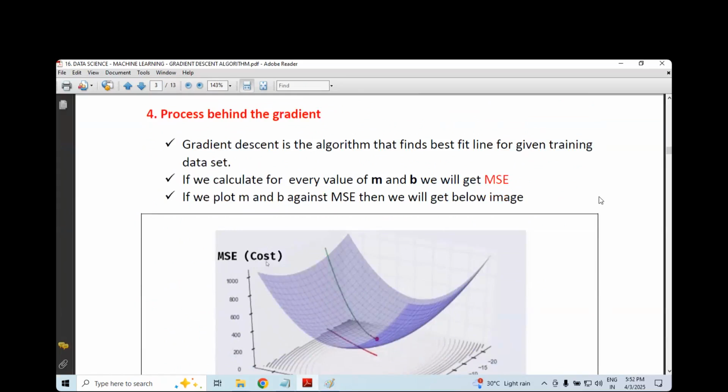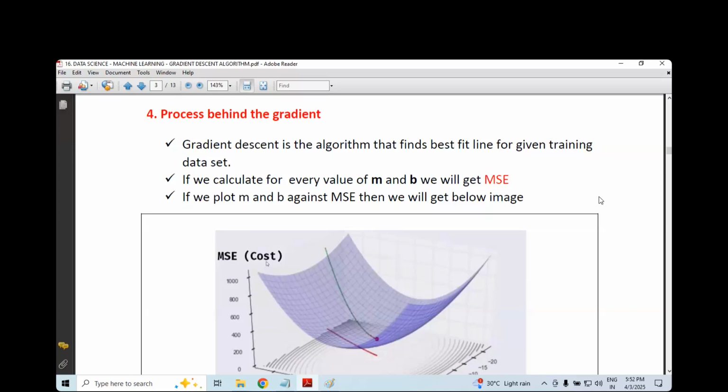First of all, error should not be increased, right? Gradient descent is the algorithm that finds the best fit line for a given training data set. If you calculate for every value of M and B, then we can get the MSE value. Important, sir. The point will be, the cost function needs one, I hope you already know.